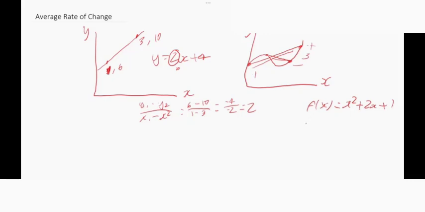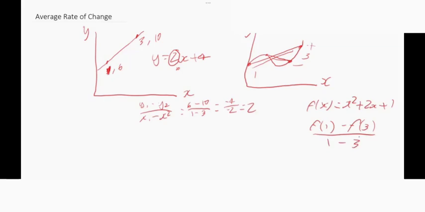So what you're doing is you're doing f of 1 minus f of 3, so you're trying to find the y-coordinate, on 1 minus 3.